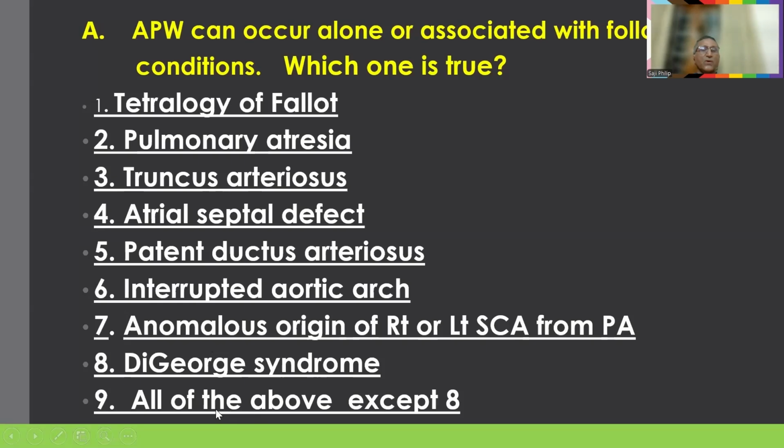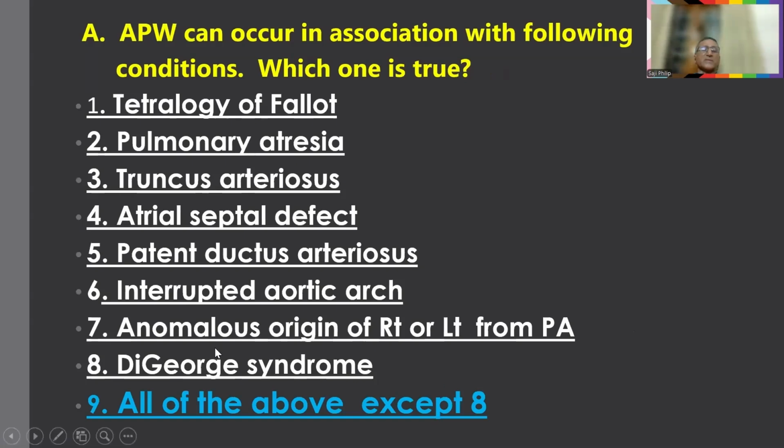DiGeorge syndrome, 9. all of the above except 8. What is your answer? So all of the above except 8. That means DiGeorge syndrome is not seen with the aorto-pulmonary window.